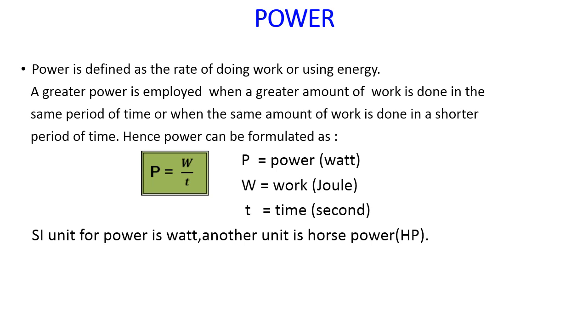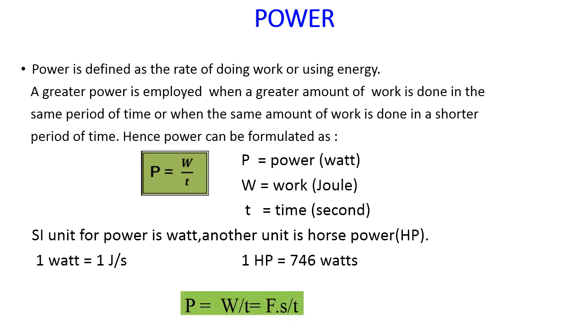Another unit for power is horsepower, HP. 1 watt equals 1 joule per second, and 1 horsepower equals 746 watts. Because P equals W per T, P can be written as F times S per T.